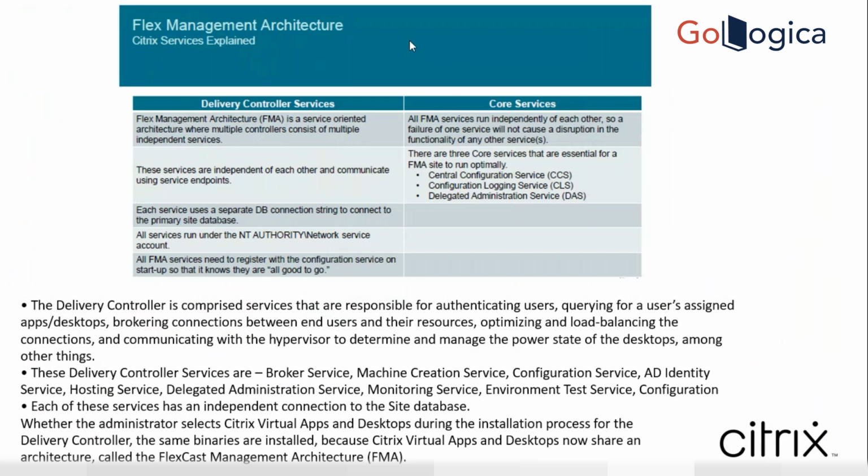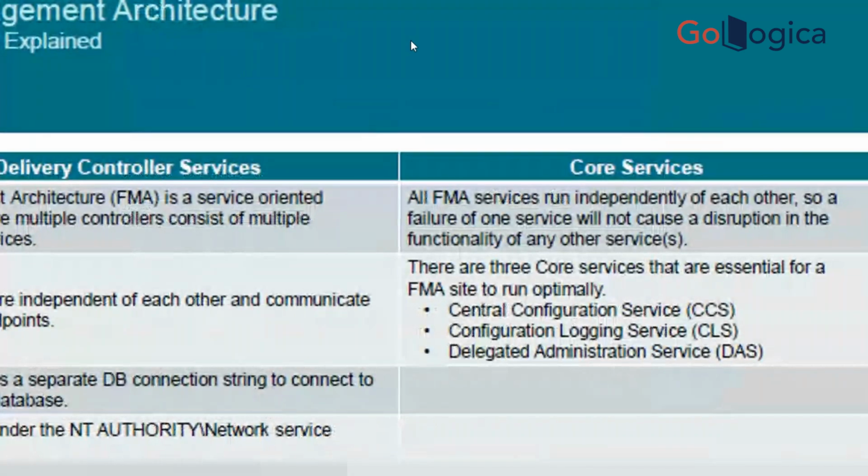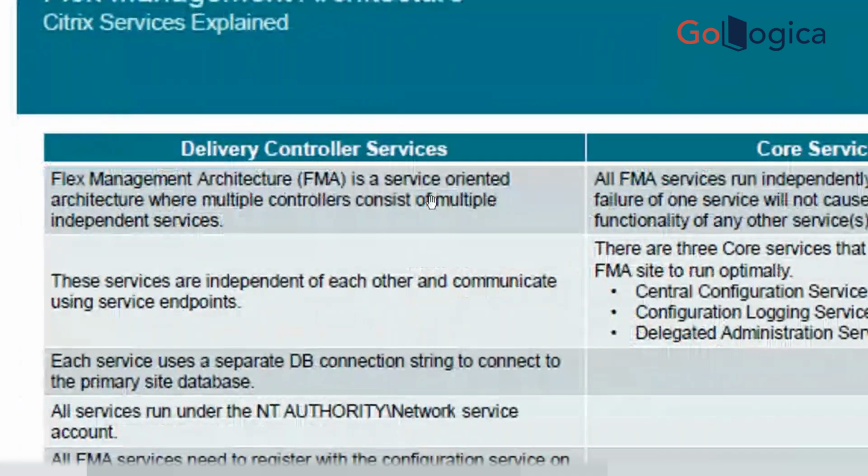Now they have created two tables, delivery controller services and core services. What services come below delivery controller services and what services come below core services? Under the delivery controller, the FlexCast Management Architecture is a service-oriented architecture where multiple controllers consist of multiple independent services.